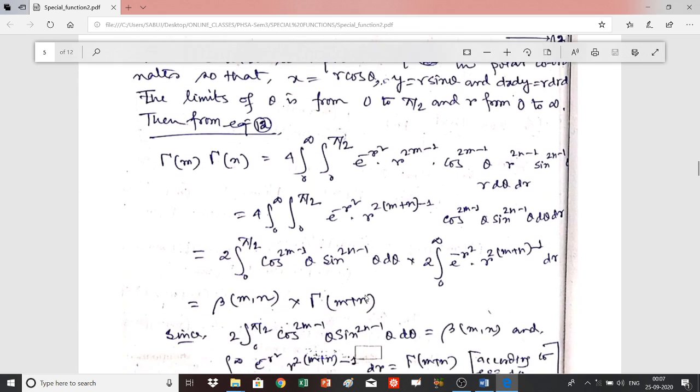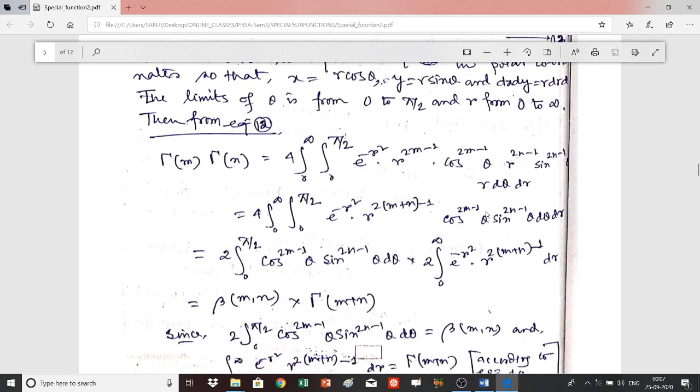So this can be written as the product of two terms. First is equal to pi by 2. Just separate these in terms of theta and r. So the first term is from 0 to pi by 2, the theta term, cos theta to the power 2m minus 1, sin theta to the power 2n minus 1, d theta.